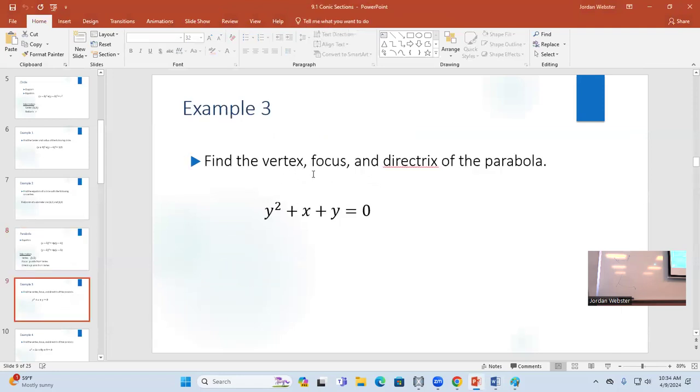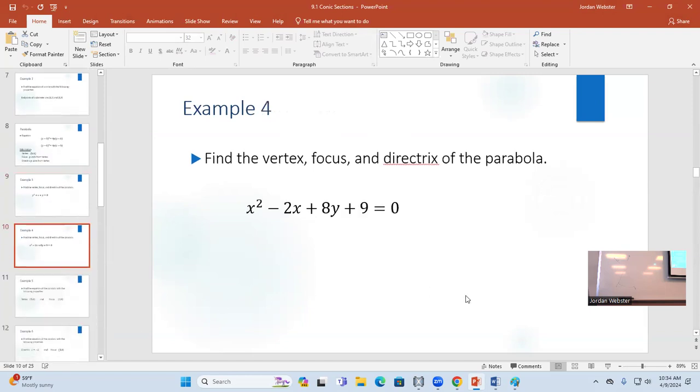So that's finding the vertex, focus, and directrix of a generalized parabola and having to complete the square to get our parabola into a form that we can recognize.